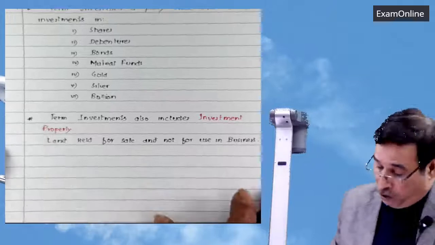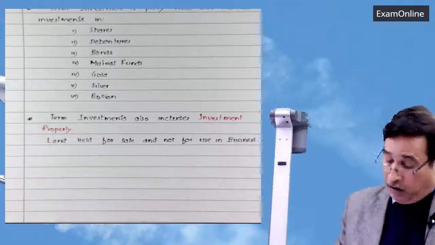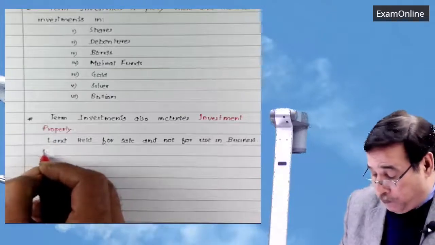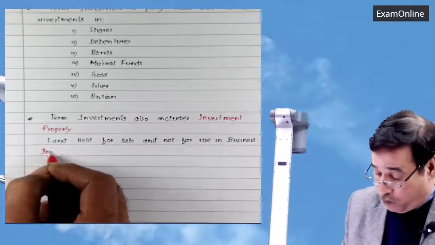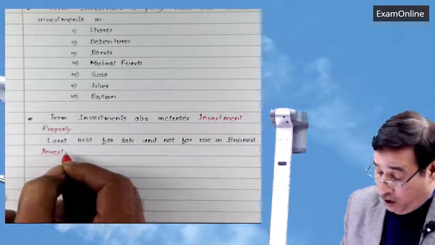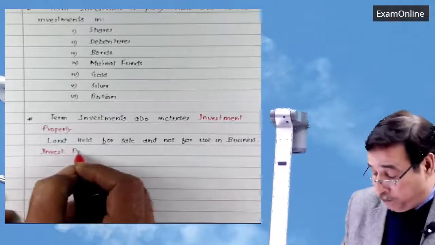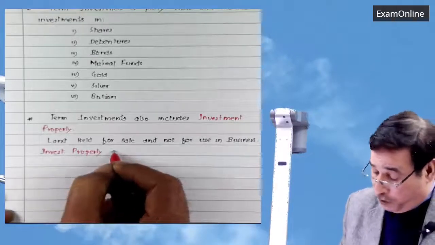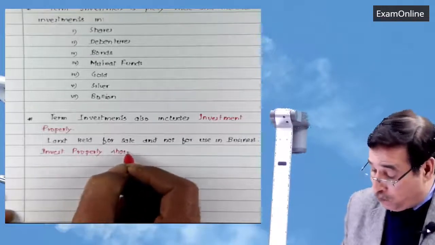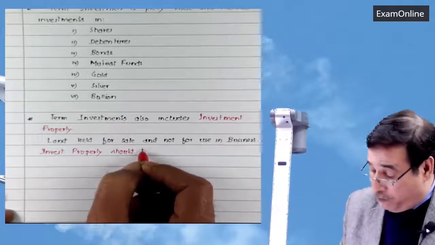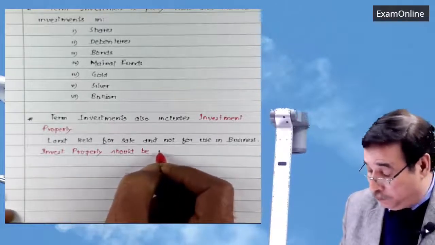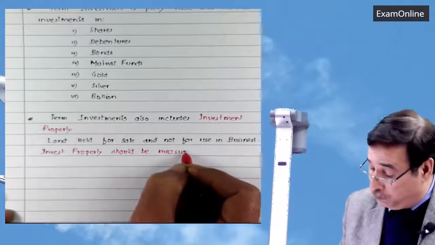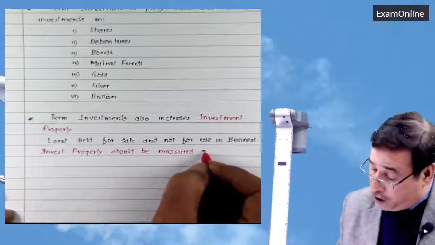Correct? So I am writing here with red pen: investment property should be measured as per cost model.